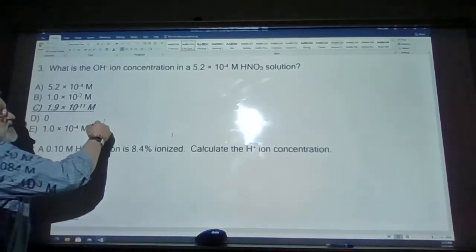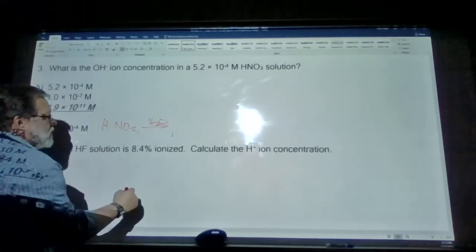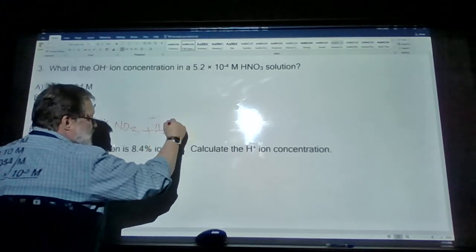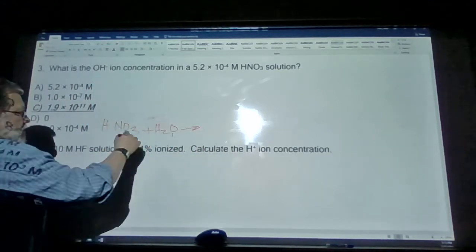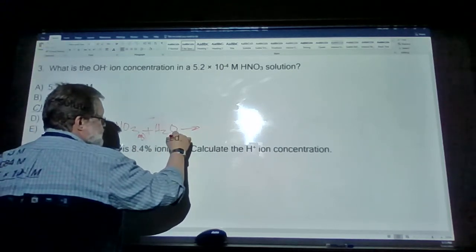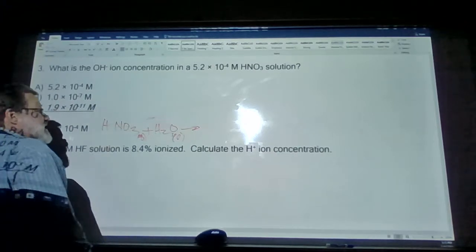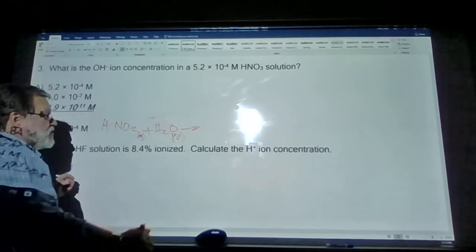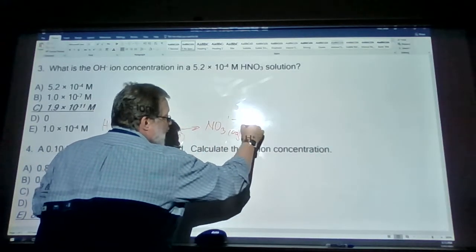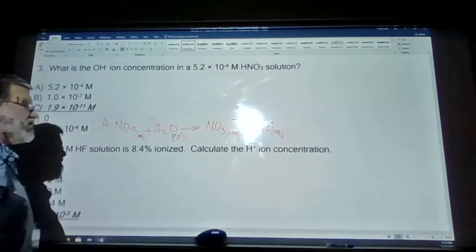If we write the reaction, HNO3 in water, the HNO3 is your acid, H2O is your base, producing NO3 minus aqueous and H3O plus aqueous.